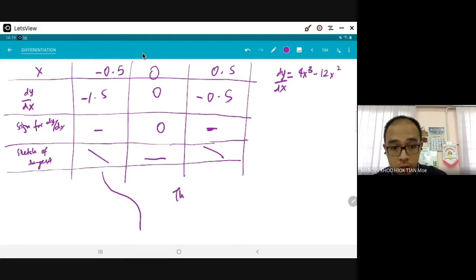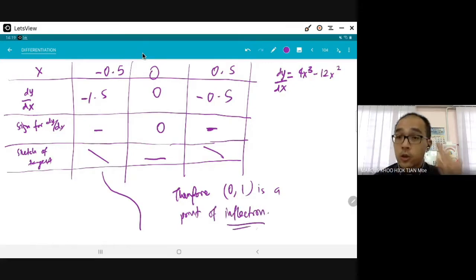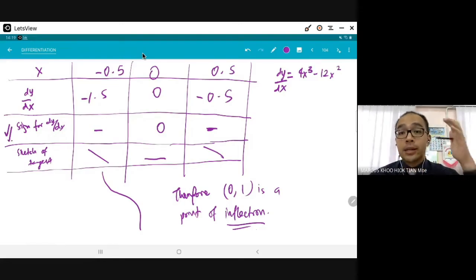Therefore, what is the point again? 0 and 1. Okay, 0 and 1 is a point of inflection. Okay, enough. And this is how we prove it. Make sure that the gradient is the same after the 0.